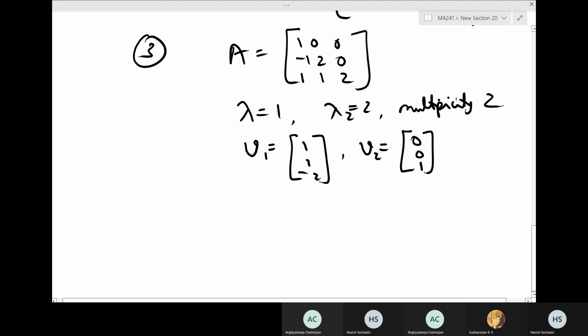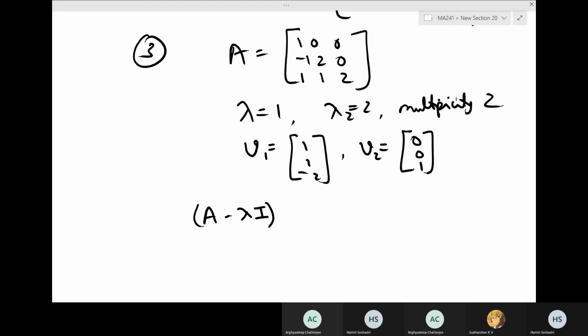So what we need is actually a generalized eigenvector for lambda 2. So I have to look at this equation, A minus lambda I. Now, what power should I take? We know, in the theorem that I stated, when we look at generalized eigenvectors, we already know the multiplicity of the eigenvalue, and the powers of A minus lambda I that I have to take just go up to the multiplicity, nothing more than that.